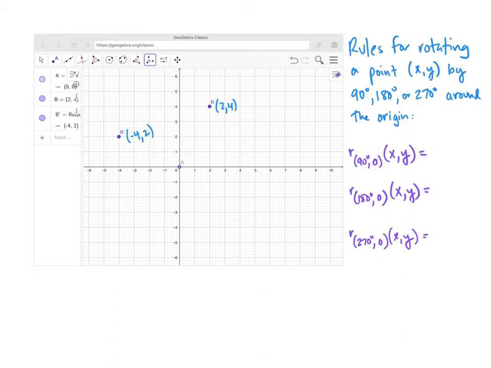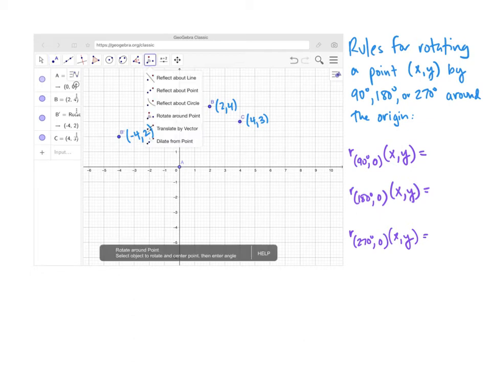So let's try it out with another point. What I'm going to do now is put another point on my graph. Let's put this point at 4, 3. Okay, so this is a point at 4, 3. And let's rotate that guy 90 degrees around the origin. So I'm going to grab my rotation tool again.